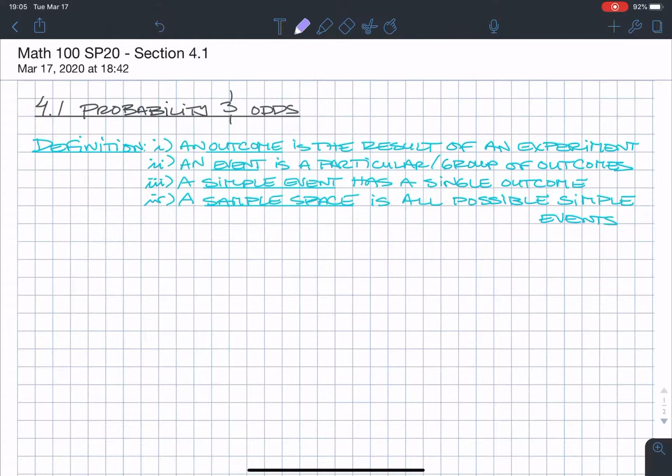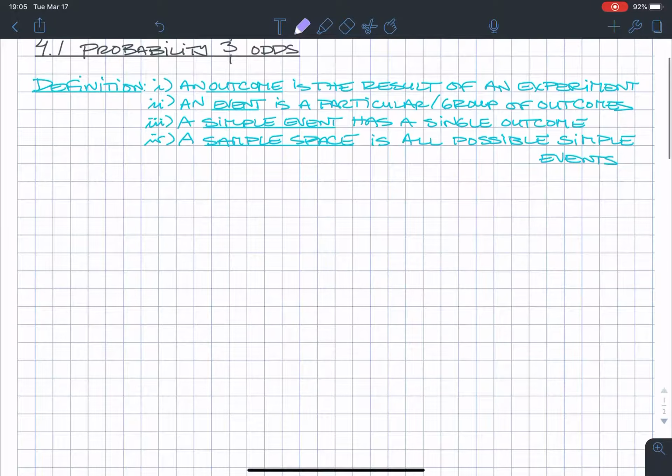So next is a theorem. So when all outcomes are equally likely, once again, this will make sense once we start doing examples.